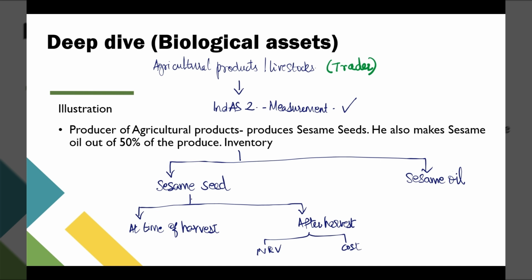Now, what about the case of a trader? Instead of a producer, as in the example we saw. If there is a trader of agricultural products and livestock, will Ind AS 2 be applicable? Yes, Ind AS 2 measurement would be applicable.